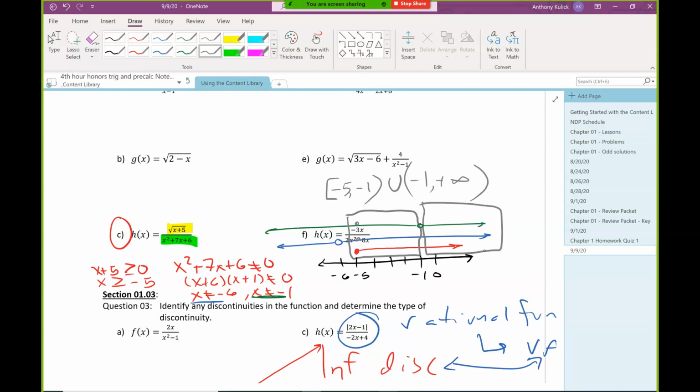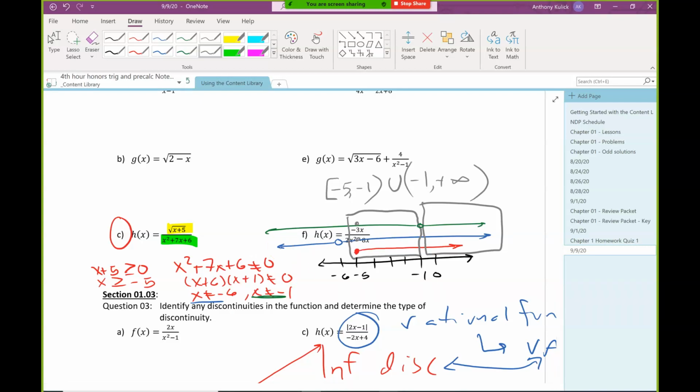So if what we care about for the domain is where all three of these overlap, nothing before negative 5 is going to matter, because on the red part, it starts at negative 5, right? There's no red that overlaps with negative 6 anyways. Does that make sense?